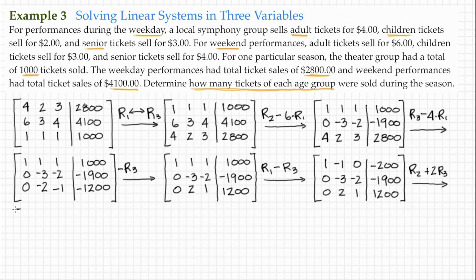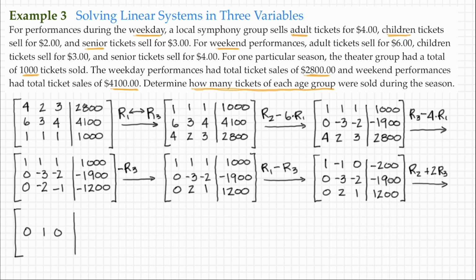So we'll continue it over here. 0 plus 0, obviously that's 0. 2 times 2 is 4. Negative 3 plus 4 is 1. 1 times 2 is 2. And negative 2 plus 2 is 0. Again, that's the whole idea. 1,200 times 2 is 2,400.